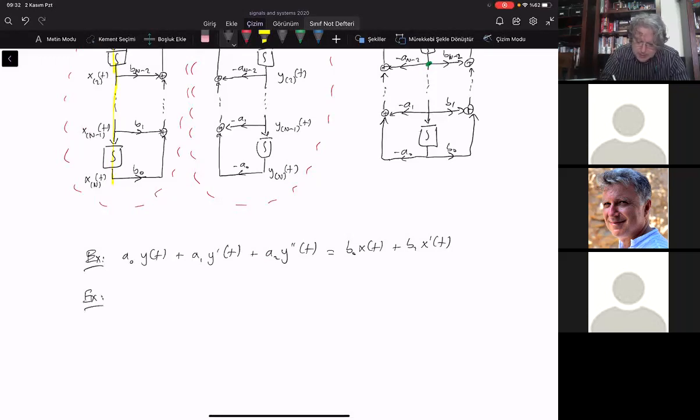In another example, it may be just the opposite. A0 y of t plus a1 y prime of t is equal to b0 x of t plus b1 x prime of t plus b2 x double prime of t. Now this time, the derivatives at the right-hand side of the equation are more.